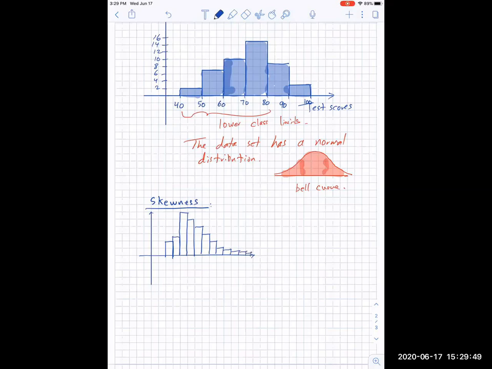Like this. You guys can see that the highest graph is not in the center. It is to the left here.